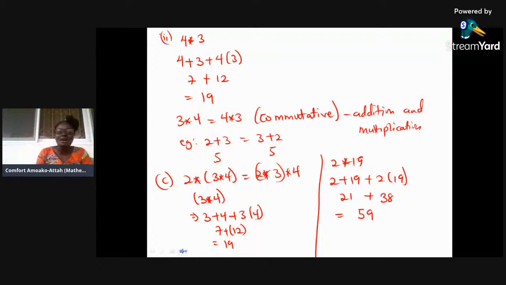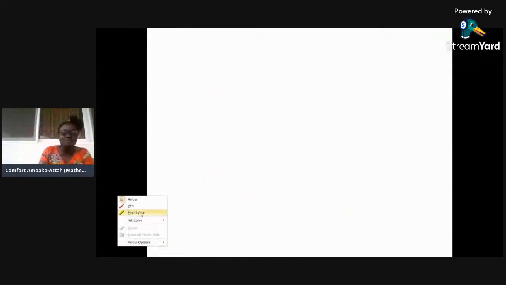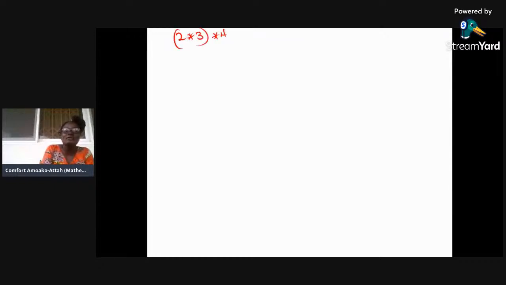Okay. All right. So we are done with the first part. Let's quickly move to the second part. That is 2 star 3 brackets star 4. So let's tackle the one inside the brackets first. So 2 star 3. Good. So this becomes 2 plus 3 plus 2 times 3. So we get 5 plus 6, which is 11. Then we add it up to the 4. So we get 11 star 4.